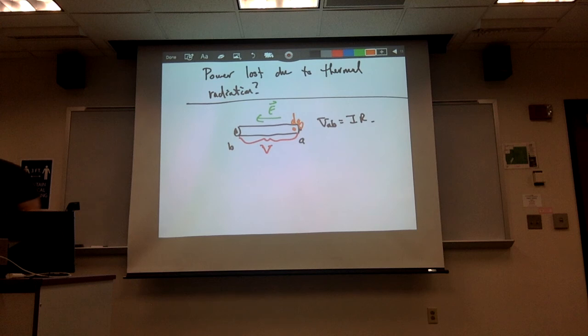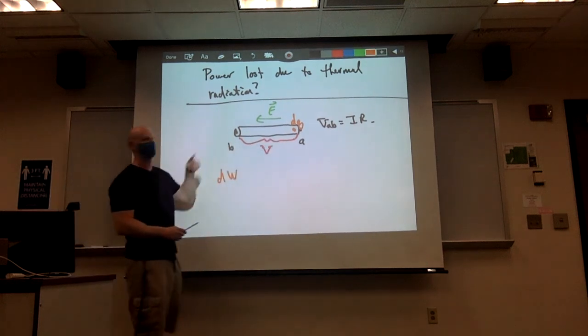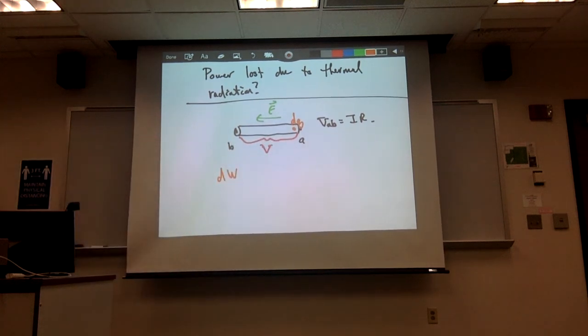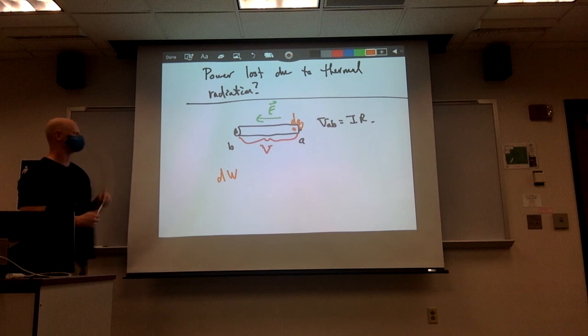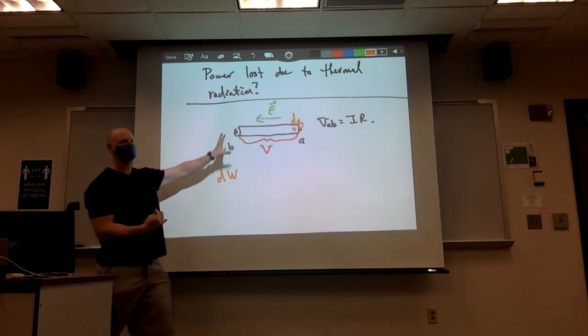What I want to know then is how much work is done to move that charged particle across this potential region V. So how much work is being done by the electric field, i.e. how much work is being done by the battery?